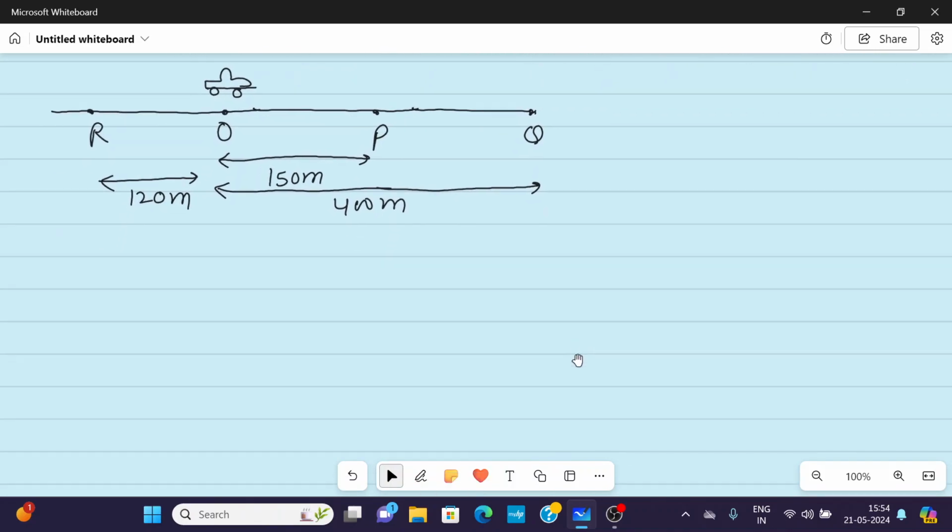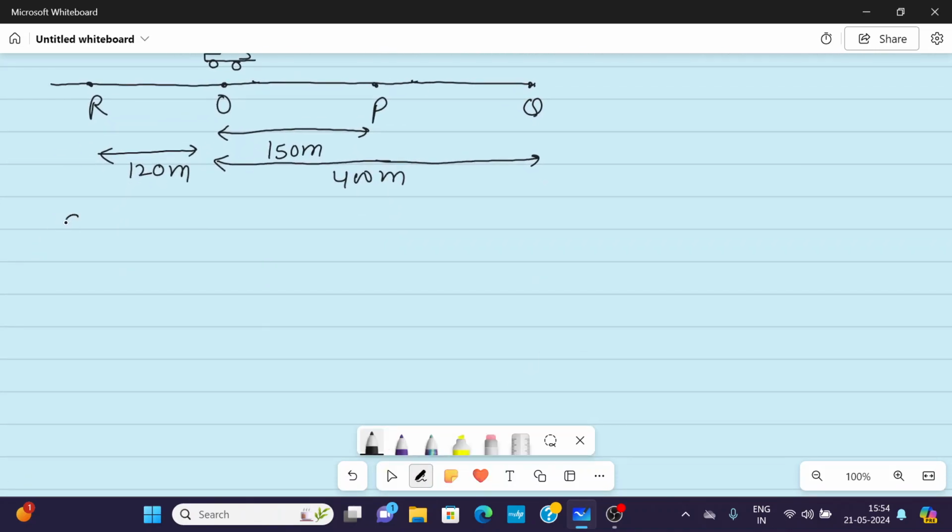So in first case, when car moves from O to P, initial position of car is at origin, which is at 0 distance from the origin, and final position of car is at P, which is at 150 meter distance from the origin, and because it is on right side and all the distances on the right side will be taken as positive, so P is at plus 150 meter distance from the origin.